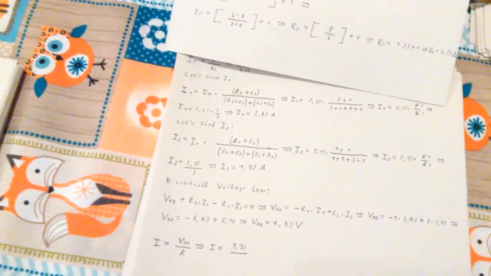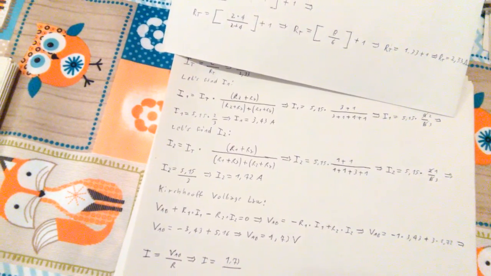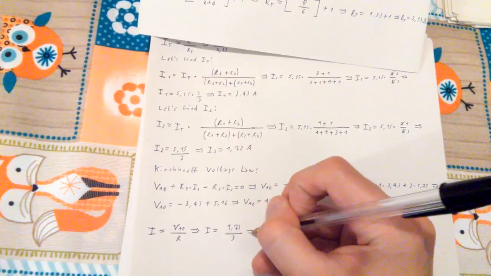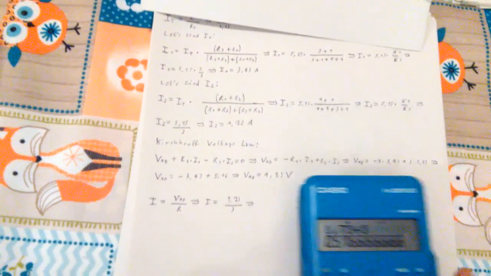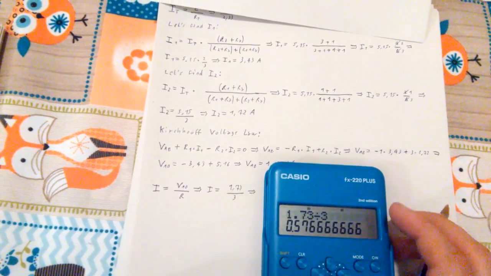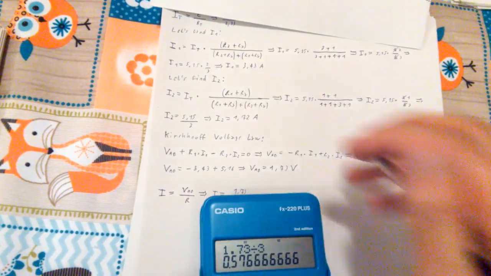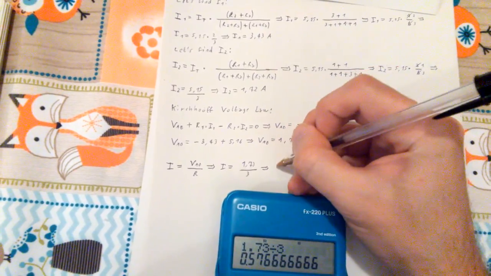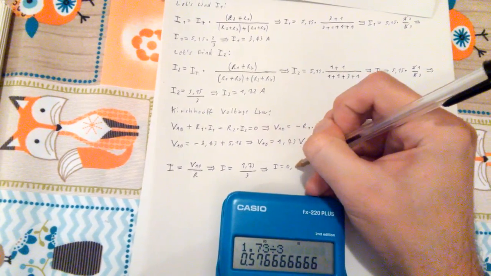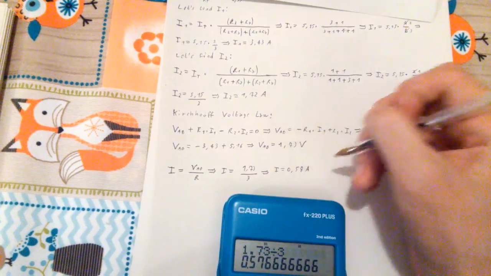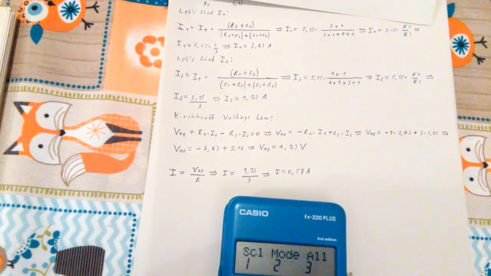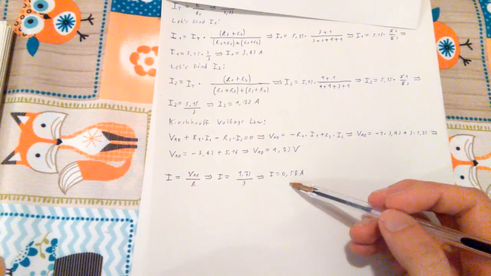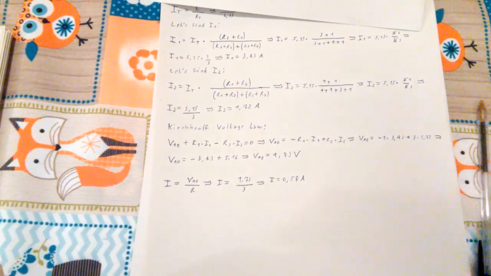So 1.73 divided by R, which was 3, is going to be, well, I've already done this, roughly 0.57, 0.58. So I is going to be 0.58 amps. That's it. That's our current.